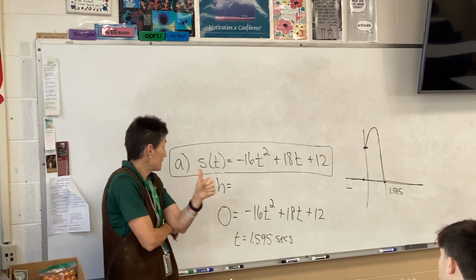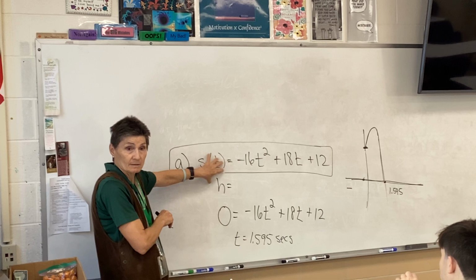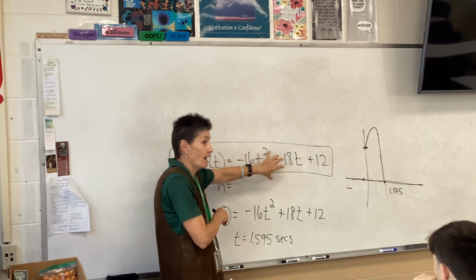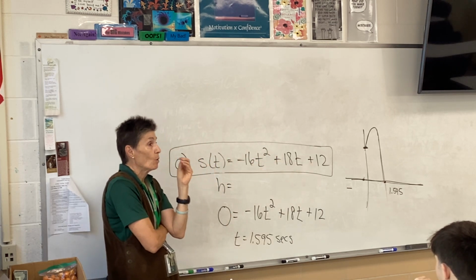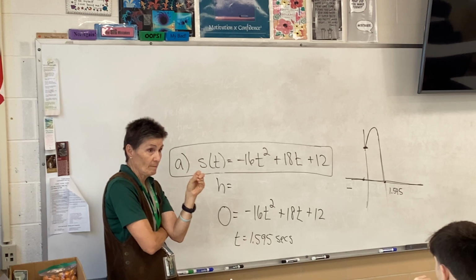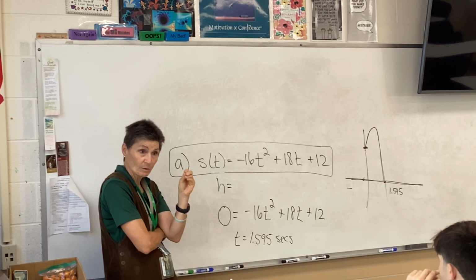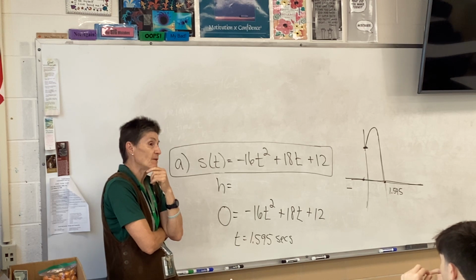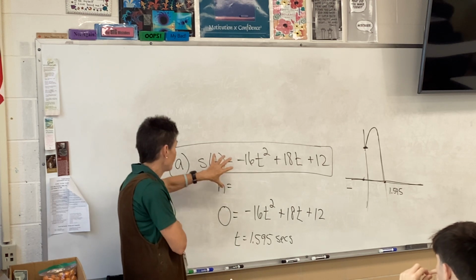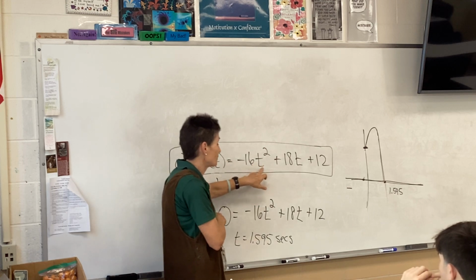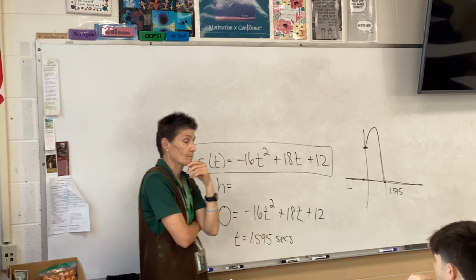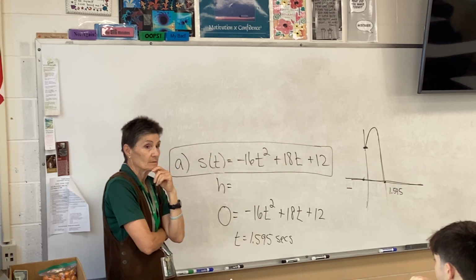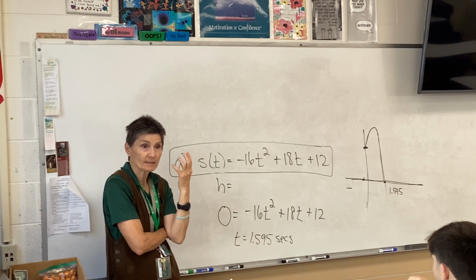And I'm either going to plug in a height or I'm going to plug in a time. So read the question. When will the ball be 15 feet above the ground? Does the 15 feet go for the height or does it go for the time? Height, right? Isn't 15 feet a height, not a time?